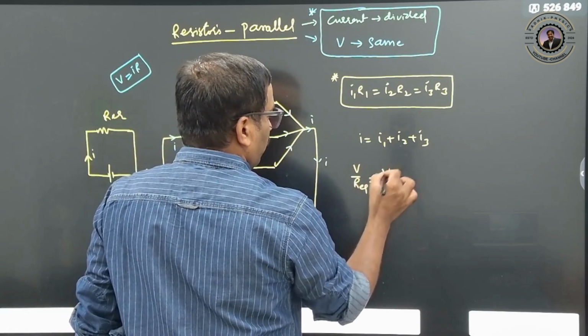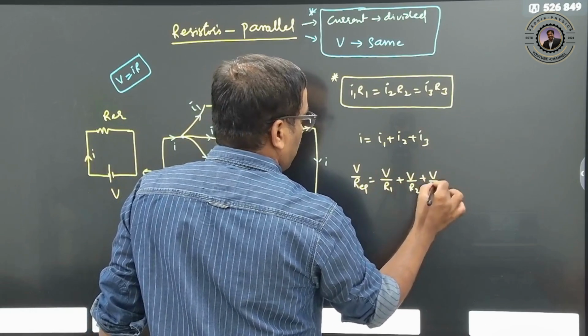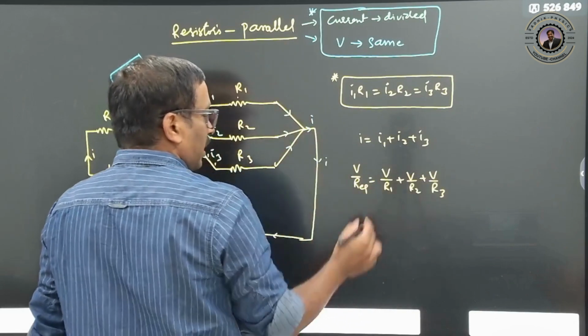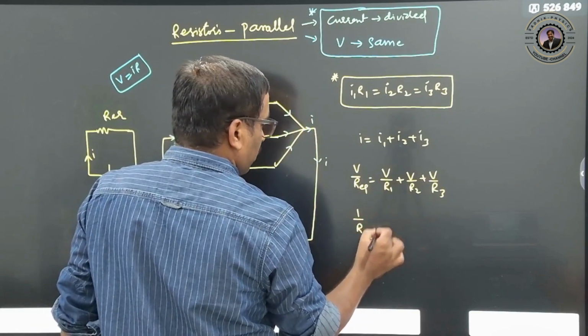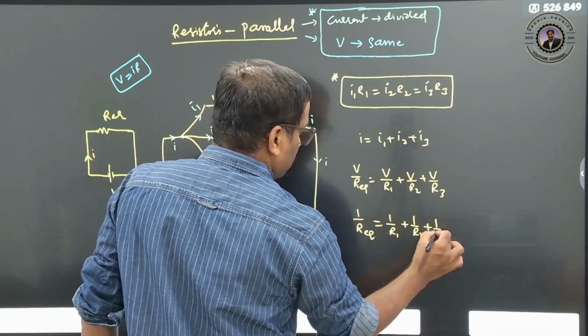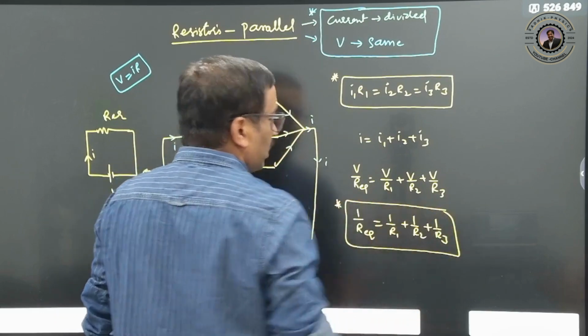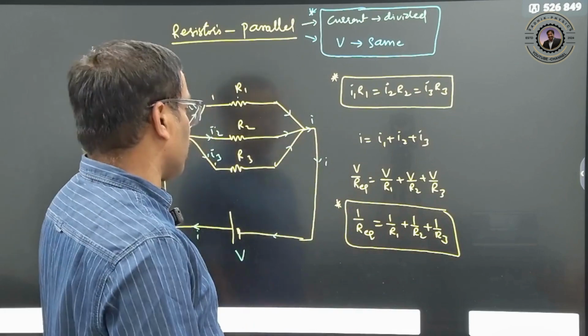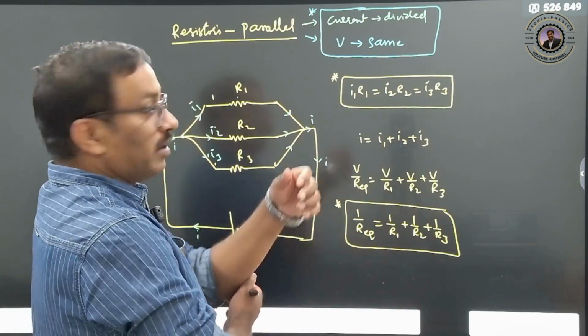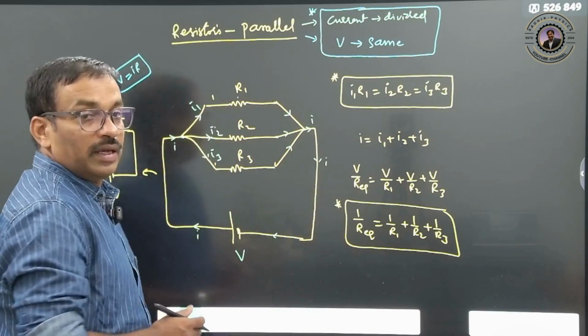Therefore V by R equivalent is V by R1 plus V by R2 plus V by R3. V cancels out. Therefore 1 by R equivalent is 1 by R1 plus 1 by R2 plus 1 by R3. So reciprocal addition equals the reciprocal of the equivalent. Clear? In this way the equivalent resistance can be calculated.